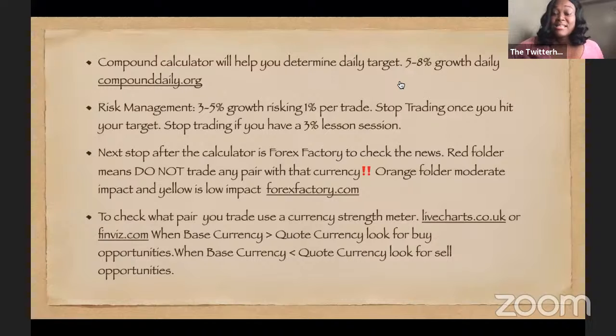And as a newbie, your target should be, say, 4 or 5% daily. Let's not go wild and crazy. I know I have 5 to 8% growth daily here, but that's for someone who's a more seasoned trader. We're going to scale it back a little bit.